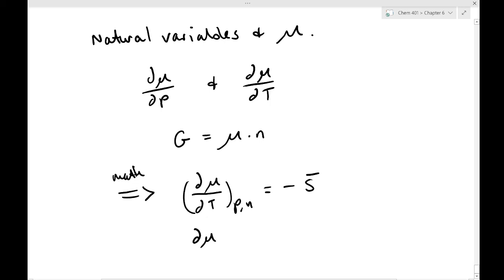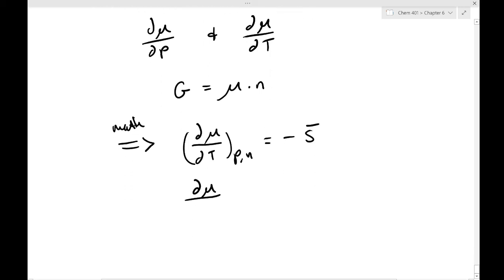And we can express the change in chemical potential with respect to pressure, with temperature constant and N constant, as equal to the molar volume.